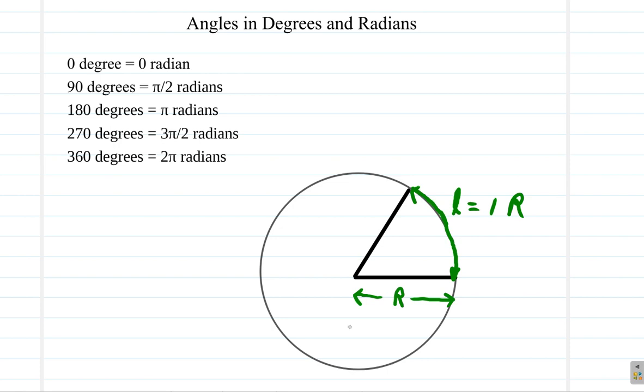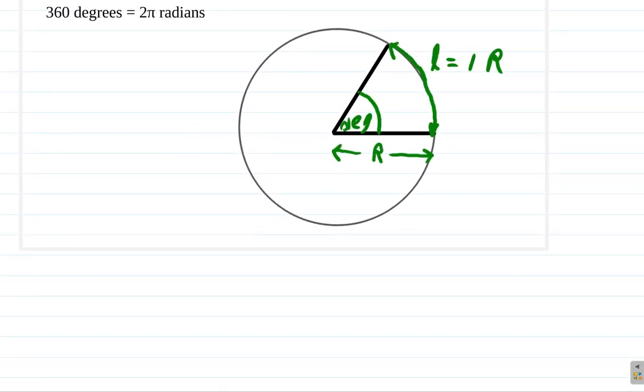Now, the question is, what would be this angle in degrees? How many degrees would that be? Let me see something here. These dots, I'm going to get rid of them. Let's look at this thing again. The same circle.